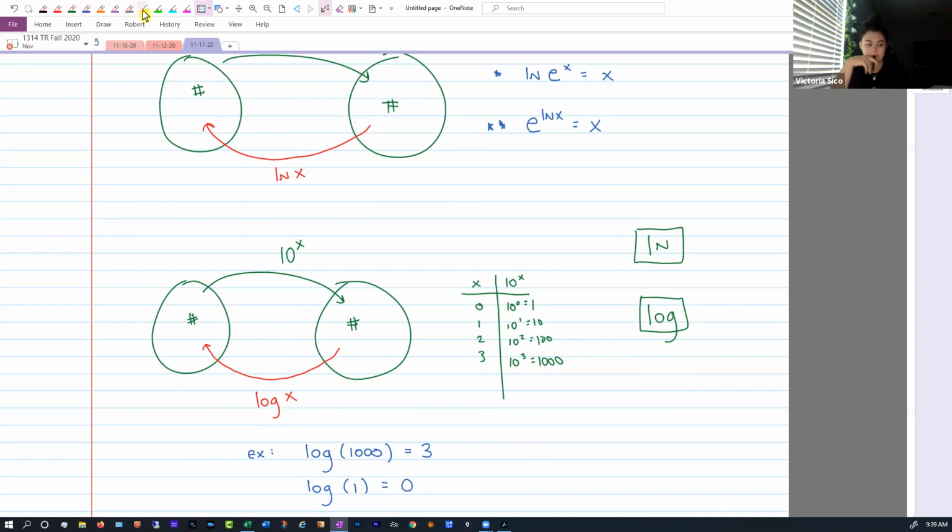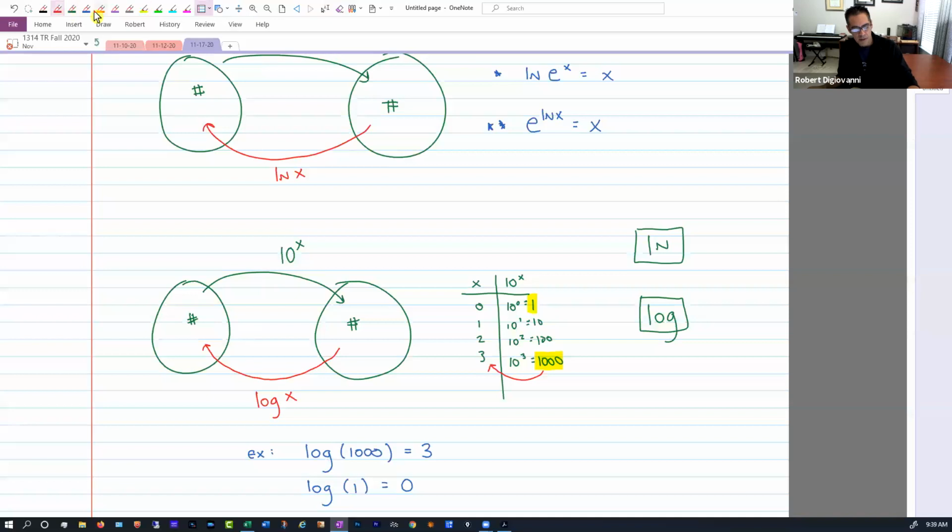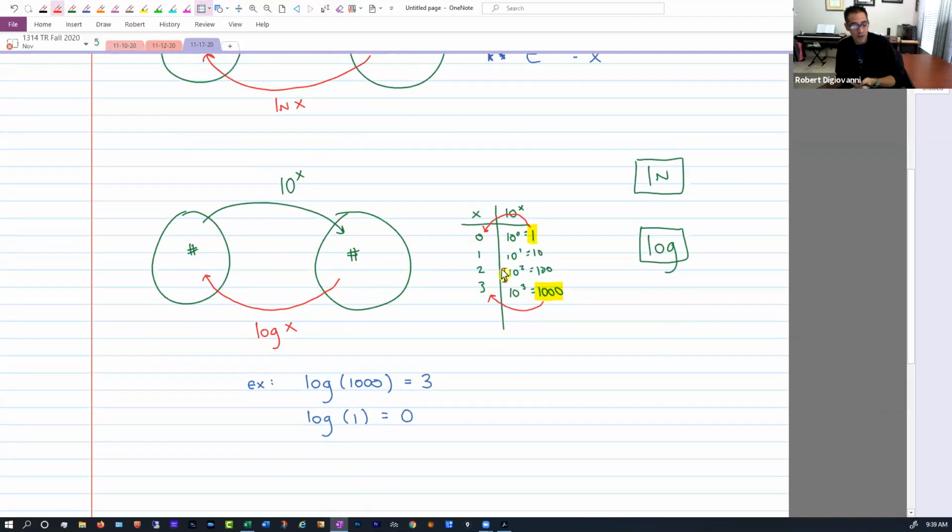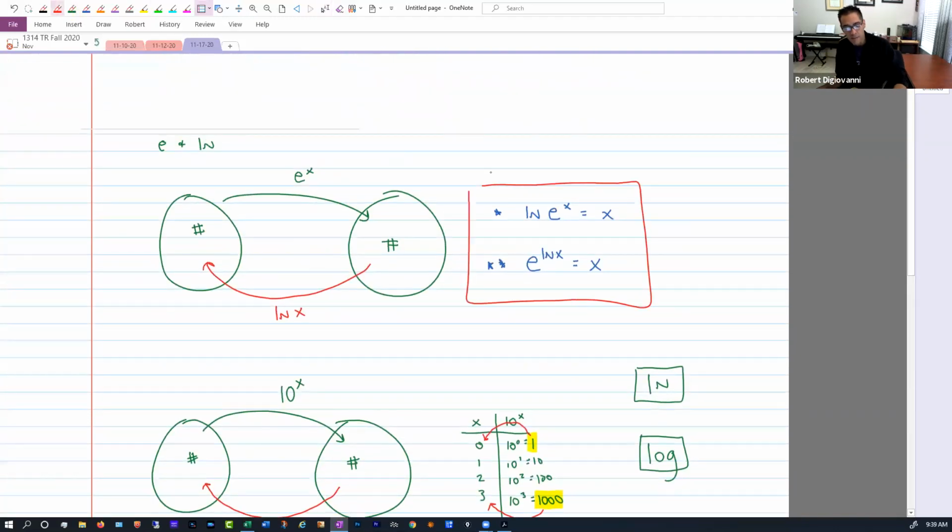So think about it this way. If you look back up at the chart I made, that 1,000, when we plugged it into the log function, went back to 3. And then when we plugged in 1, it got sent back to 0. So that log function is the inverse of the 10 to the X function. That means that we're going to have similar properties to the ones we had up here.